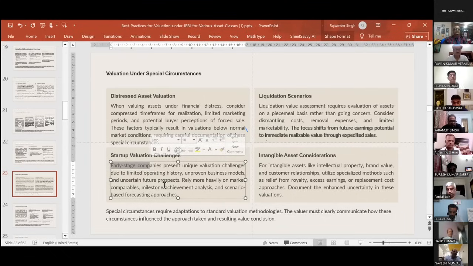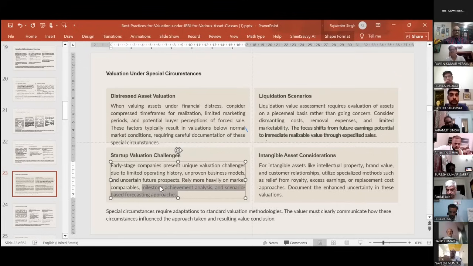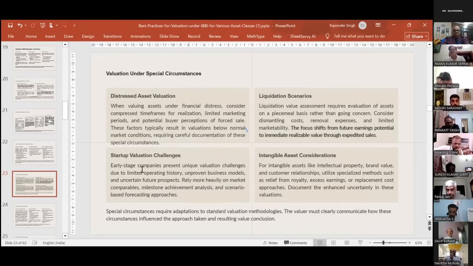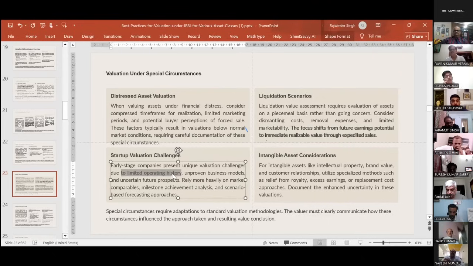In this case, we heavily rely upon market comparables, milestone achievement analysis of the startup, and scenario based forecast approaches. This is one of the difficult parts, with the limited operating history and limited data for valuation. It is the most difficult part when you are doing valuation of a startup.